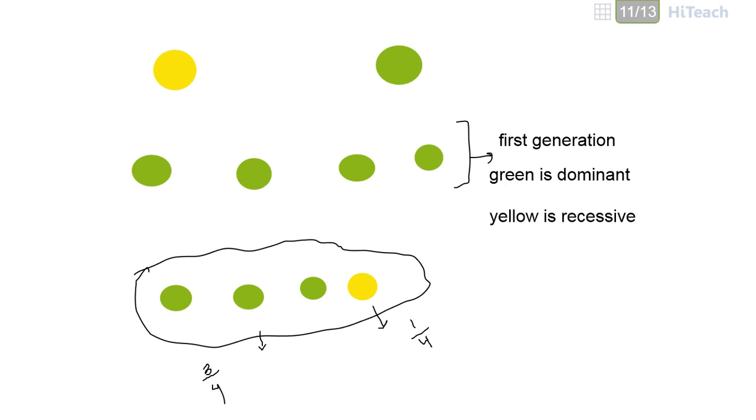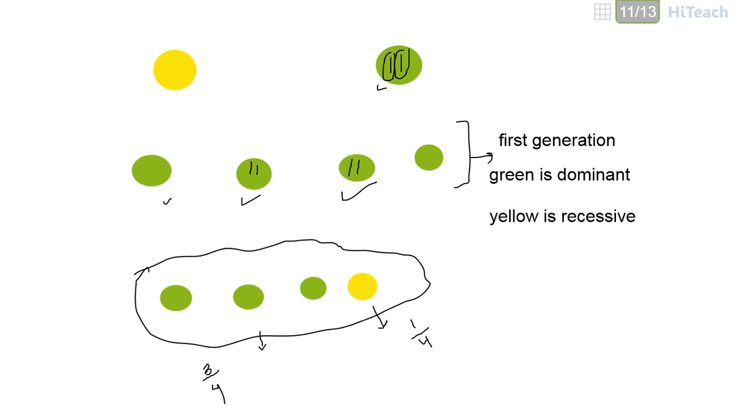Each plant, each one of them, has two factors: one from each parent, one from the dad and the other from the mom.